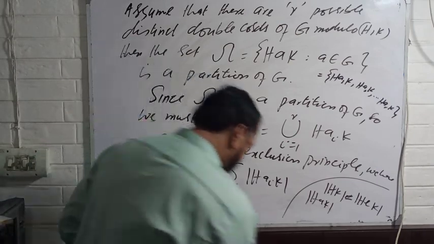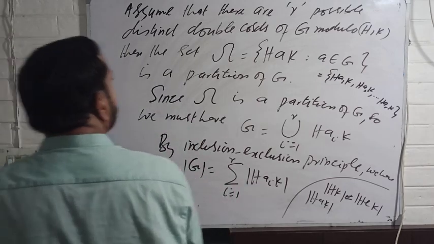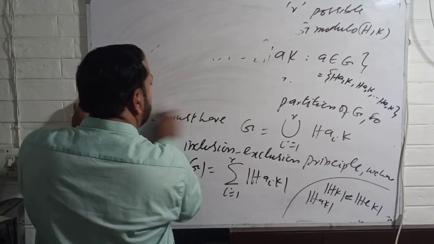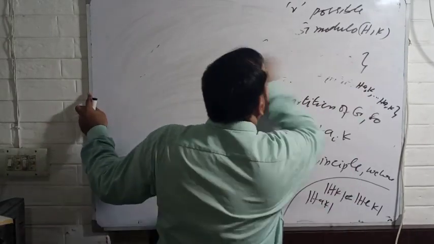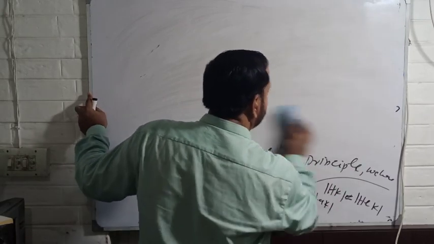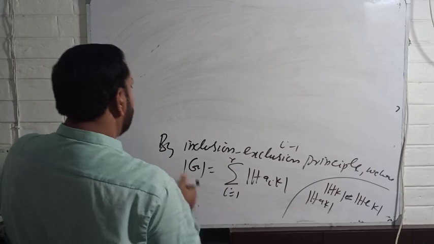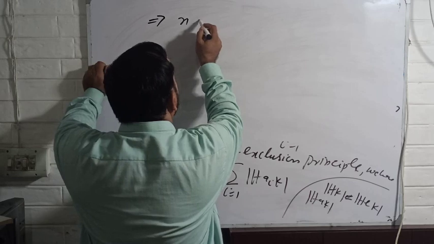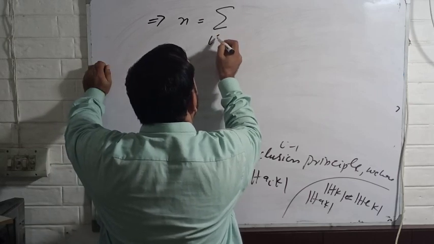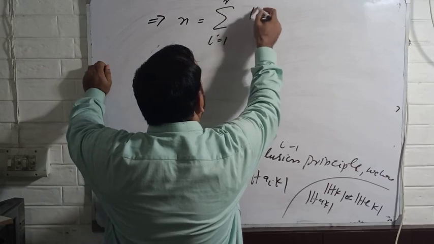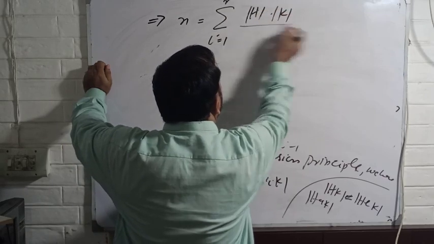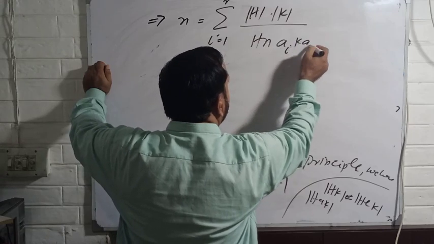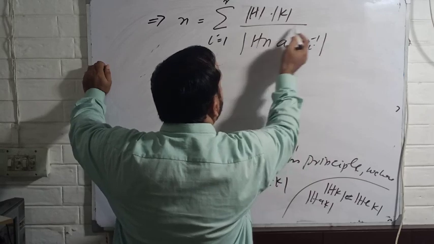So this becomes n equal to summation I varies from 1 to r of order of H into order of K over order of H intersection AiKAi inverse. Let's see the order.